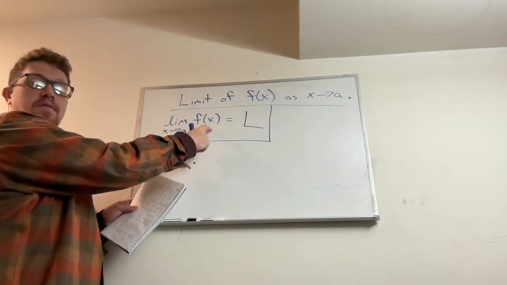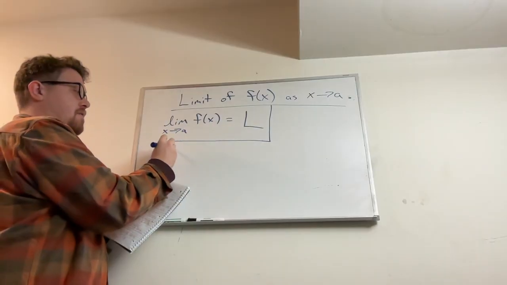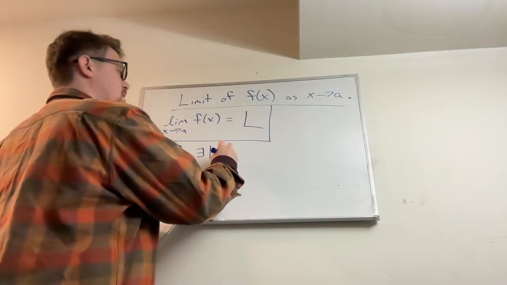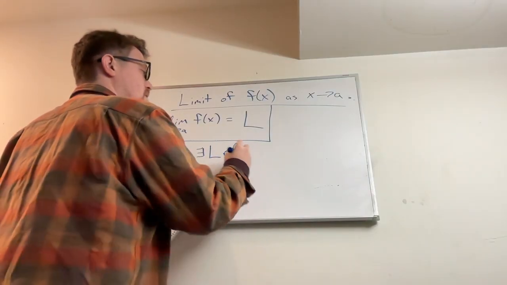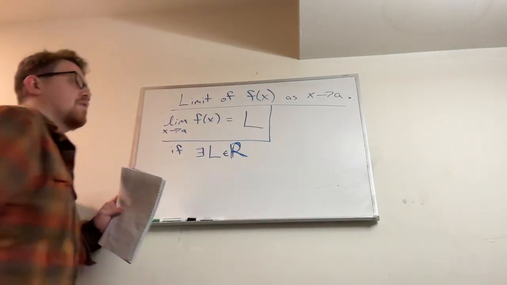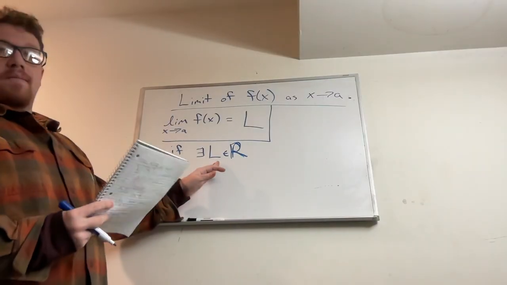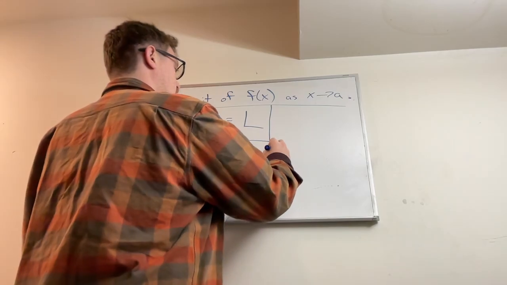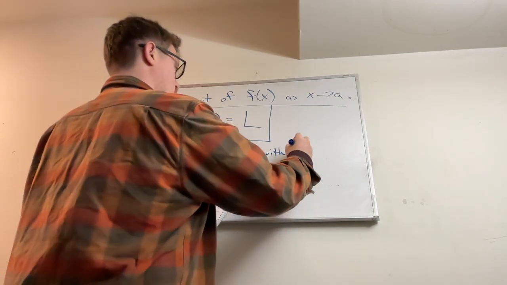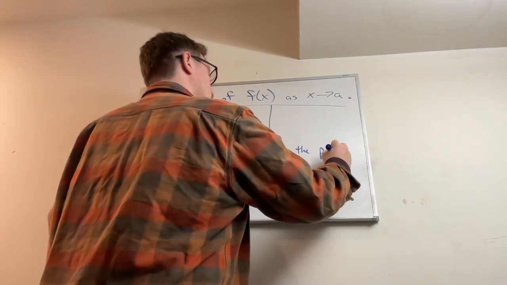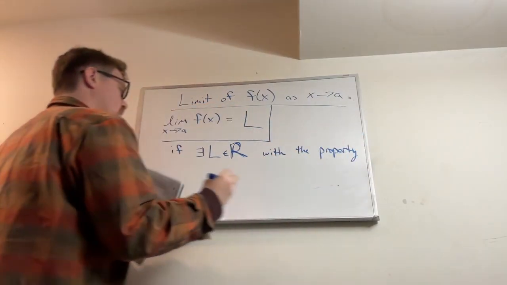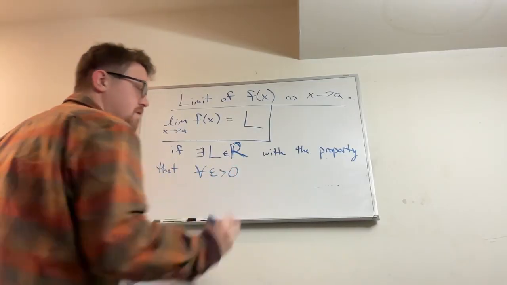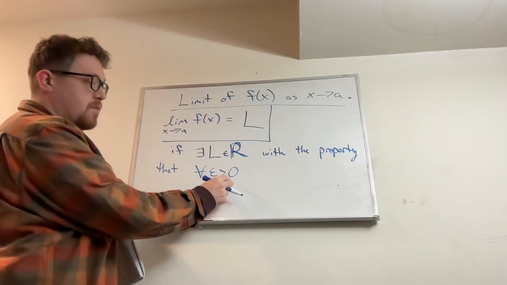So the definition of this is: if there exists a number L, which is a real number, so if there is some number L with the property that for every epsilon greater than 0, so for every number, you can think of it as a small number.